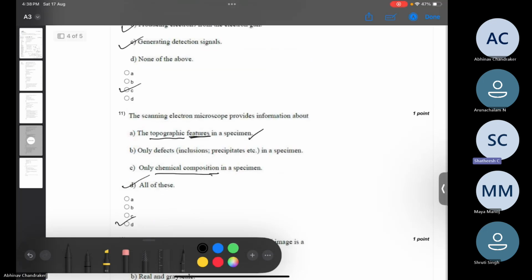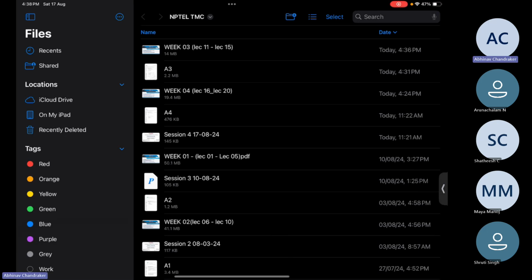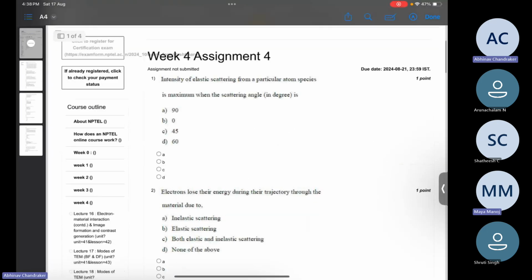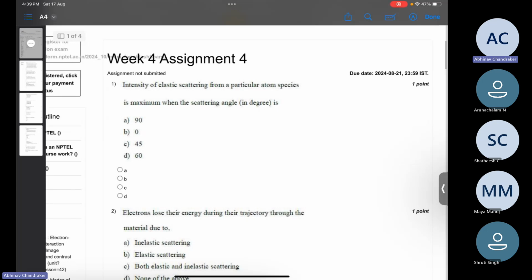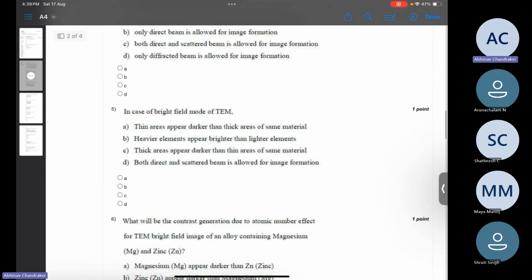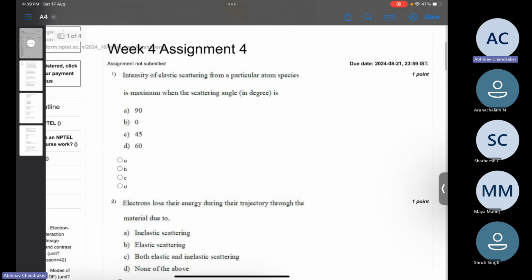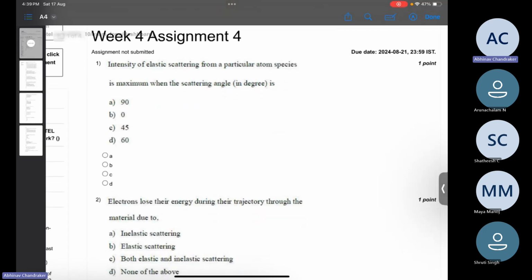Okay, so let's go to assignment 4. Since we have almost discussed all the concepts, this should be quite easy for you all now. Let's see if you can answer quickly the first question.